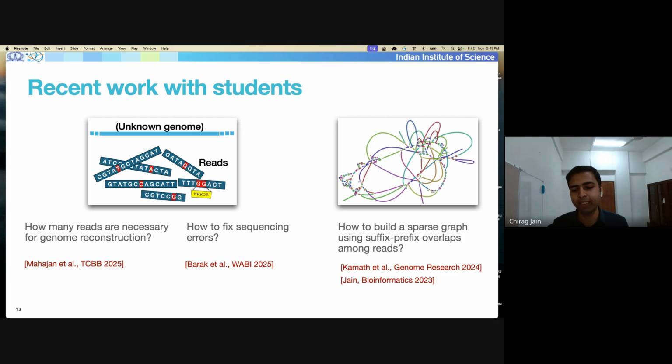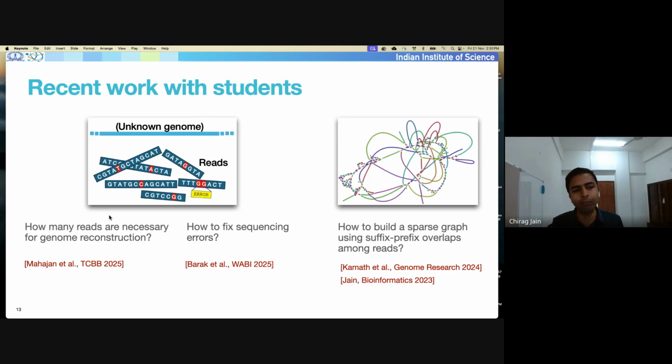So I want to mention that genome assembly right now is not considered a single problem. One should probably think of it as multiple problems. Some of the questions that we have addressed in the group are as follows. The first question that we recently addressed is, how many reads do I need to sample from the genome to guarantee the genome reconstruction happens?